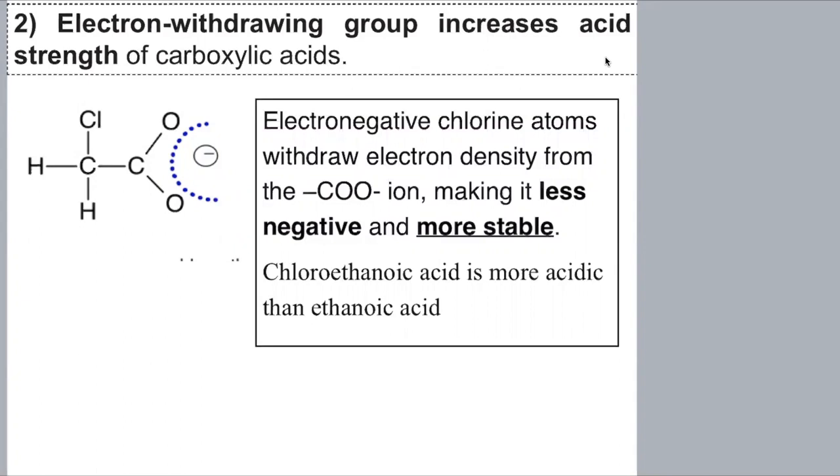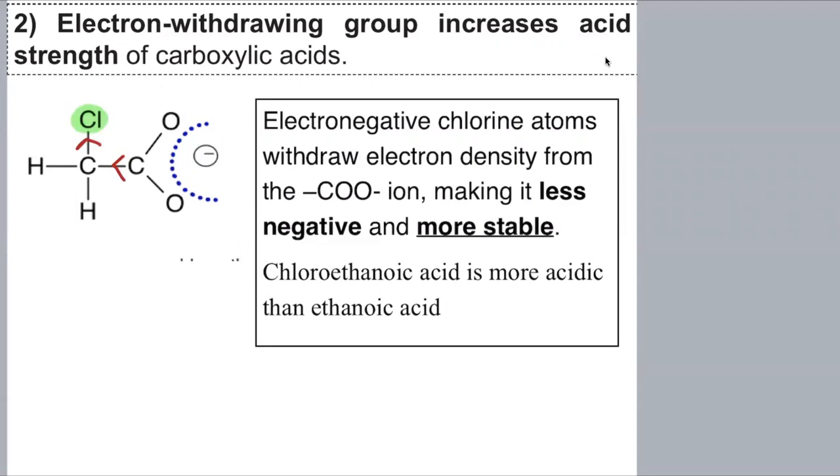So how does chlorine withdraw electron density from the COO minus? Basically through a chain reaction. So this chlorine will pull the electron density from the COO minus like that.